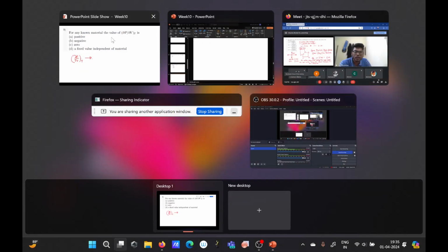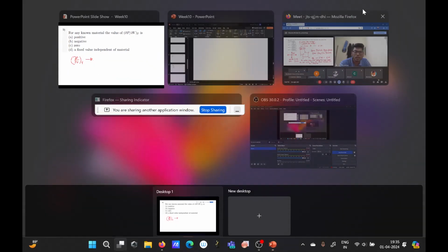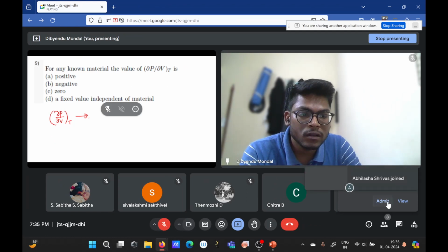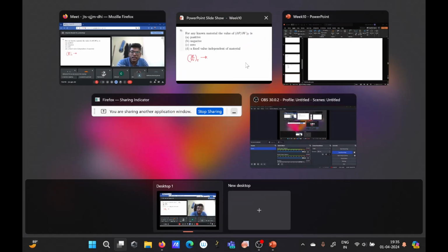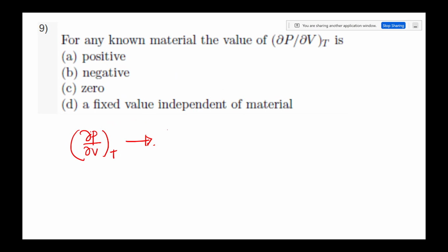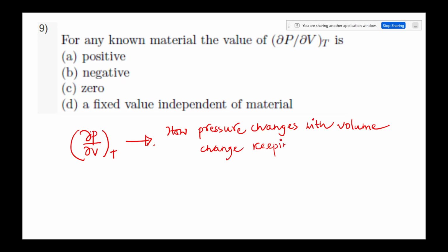This tells how pressure changes with volume change, keeping T fixed.